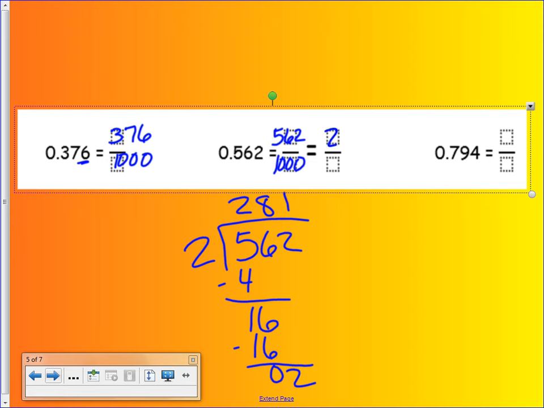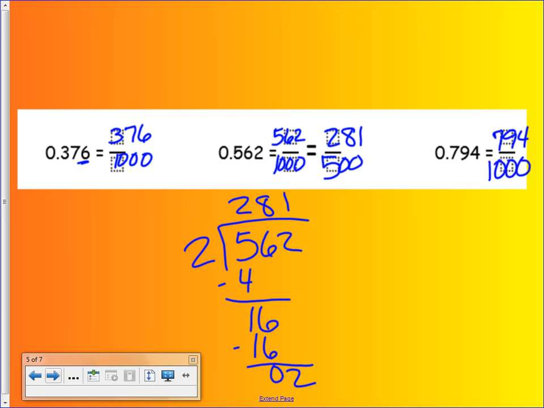So it would be 281 over 500, and it'd be 500 because we're dividing by 2. Then we can take a look at the next one. It'd be 794 thousandths. And again, we can simplify that because it is an even number, but we're not going to worry about simplifying that one right now.